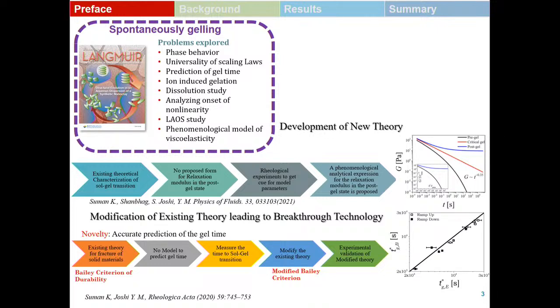We also did an experimental plus theoretical work to predict the time to gelation for any system. With little knowledge about the system, you can know a priori how much time the system will take to gel.